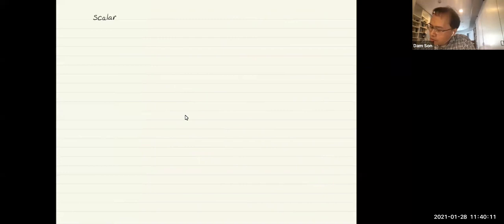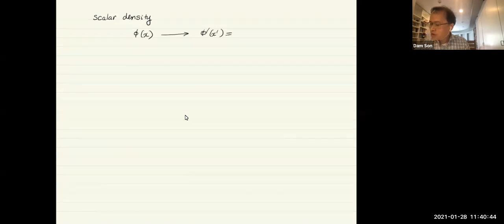Let's talk about something that's a little bit less used in general relativity, but the notion of scalar density. A density is something that one can take an integral over. So that's how the formula is written. The scalar density transforms slightly differently. It transforms to φ'(x') equal not to φ(x), but to the determinant of the Jacobian of the coordinate transformation times φ(x).